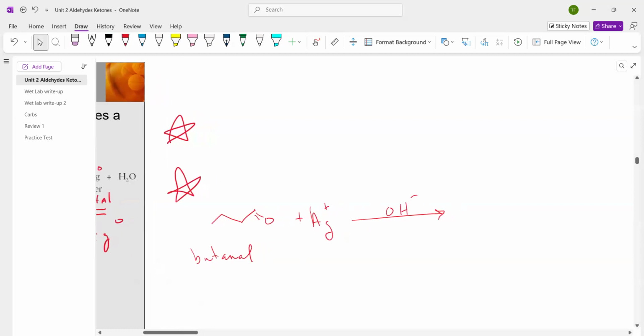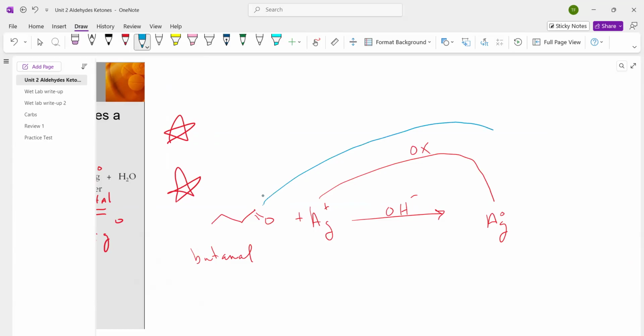And what's going to happen is the silver is going to be reduced to silver metal, and the aldehyde is going to be oxidized.